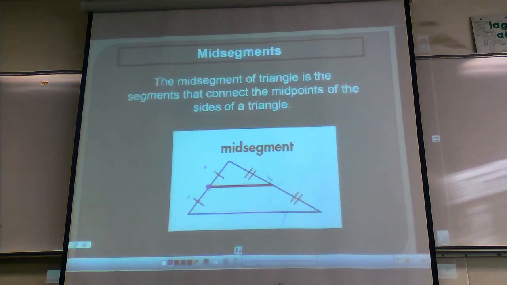Either way you see it, it could actually say, if these were points A and B, and I didn't have those congruent marks, I might say point A is the midpoint of that side and point B is the midpoint of that one. So that would identify that since this segment is connecting 2 midpoints, it would technically be a mid-segment.